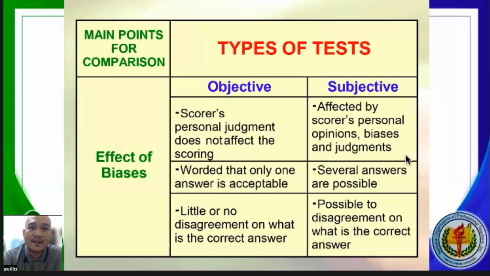Pero kasi pag nagbigay ka ng essay, tapos wala kang rubrics, magiging subjective minsan. Di ba? Nakita mo lang doon ang ganda-ganda ng penmanship ng bata, yung mga words na ginagamit niya. 10 kaagad ang binigay mo. That's bias. That's being subjective. Okay? So, pag objective type, kasi wala ka ng choice. Yun na yung answer. Diba? Kung true or false, ito talaga ang answer. Wala ng bias kasi it's objective.